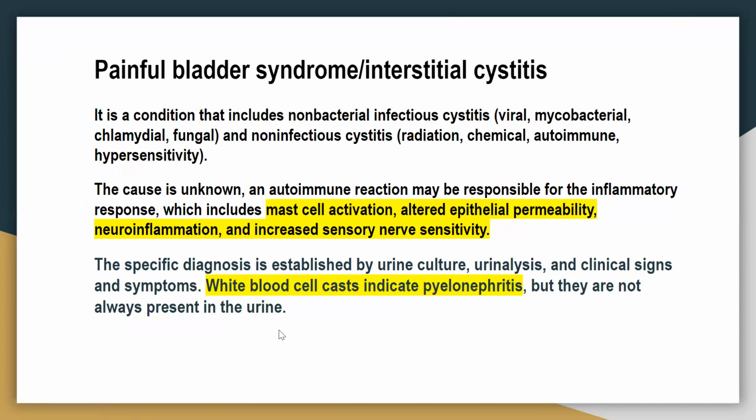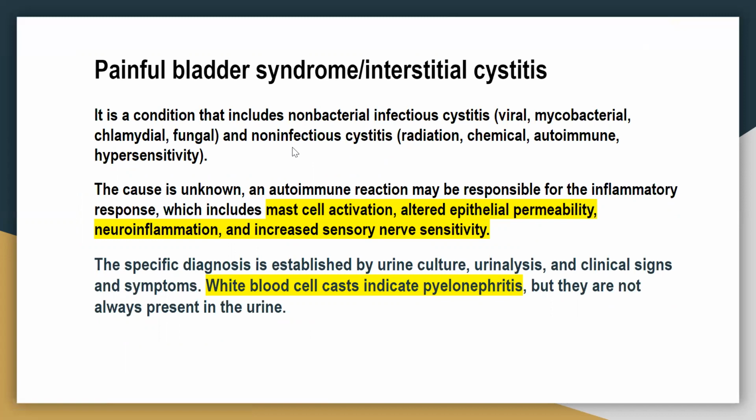Painful bladder syndrome or interstitial cystitis. I've seen this in the clinical setting a lot, so I'm bringing this slide for your attention. Patients with radiation, chemical, autoimmune or hypersensitivity reaction have this non-bacterial cystitis. Usually it's a mycobacteria or chlamydia or fungus that is causing that.